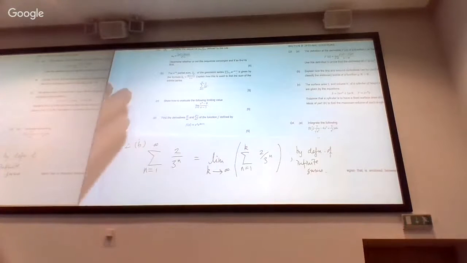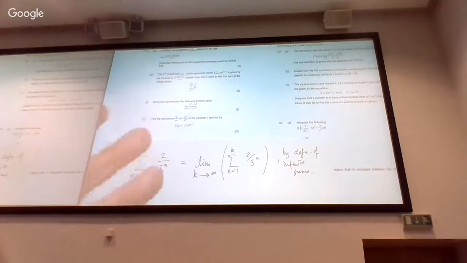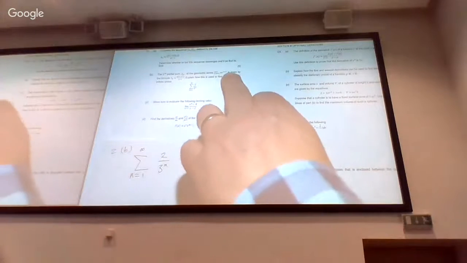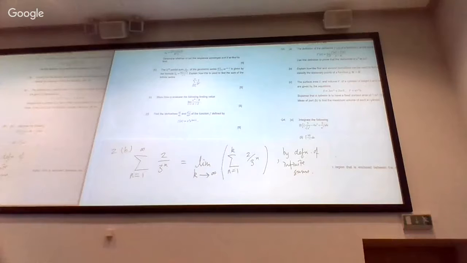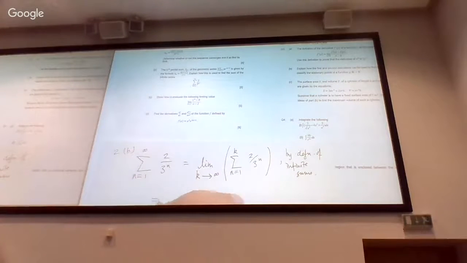You notice though that there's a slight twist to it. In the result in the question, the geometric series is presented with the summation index beginning at 1, but the exponent on the r being n minus 1. And here we do have the summation index n beginning at 1, but our exponent is n. So we just have to adjust it a little bit.